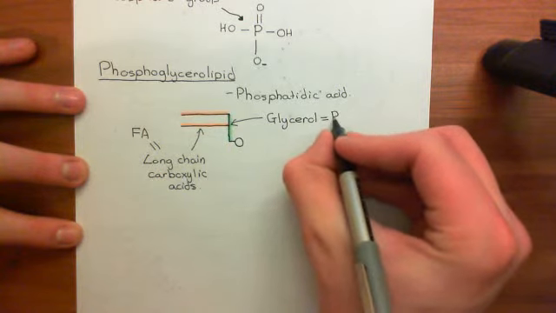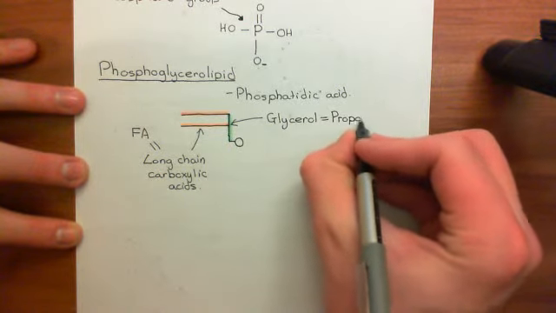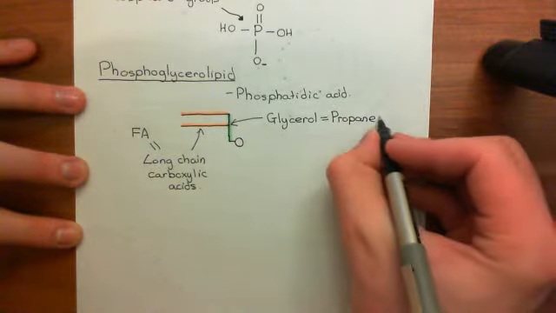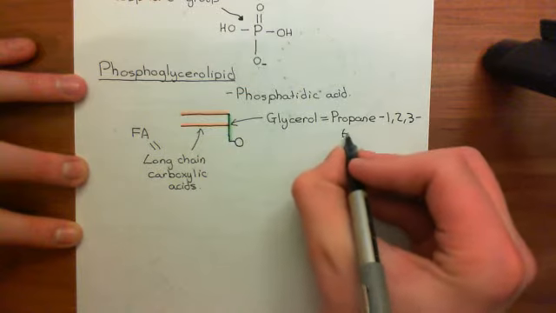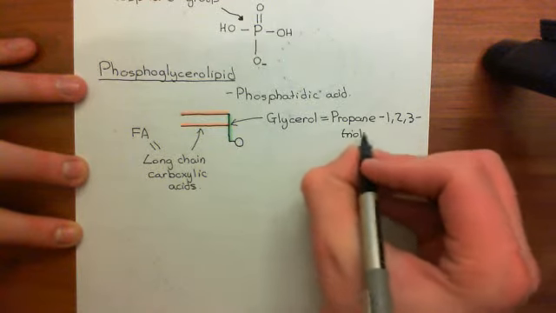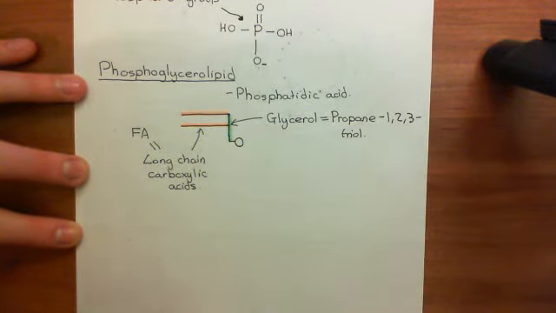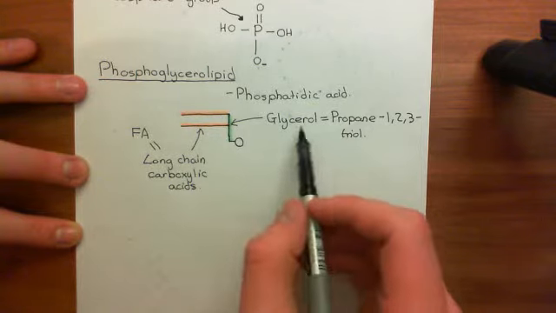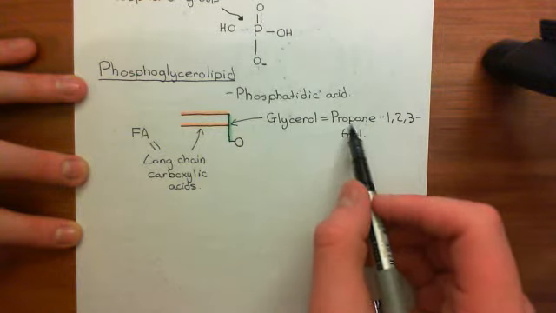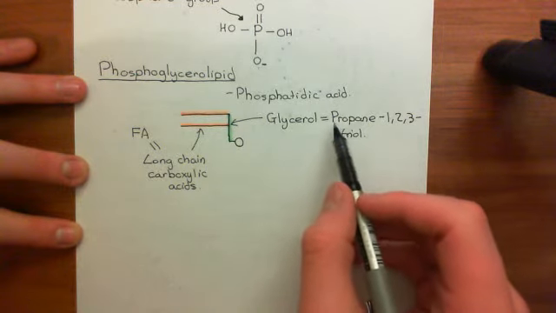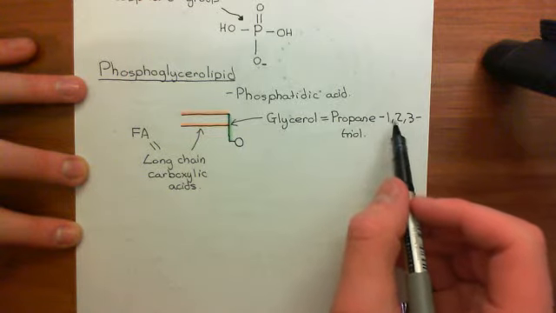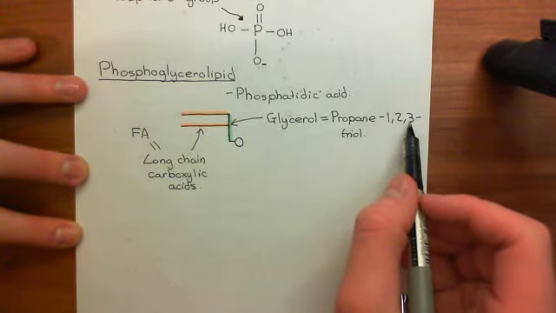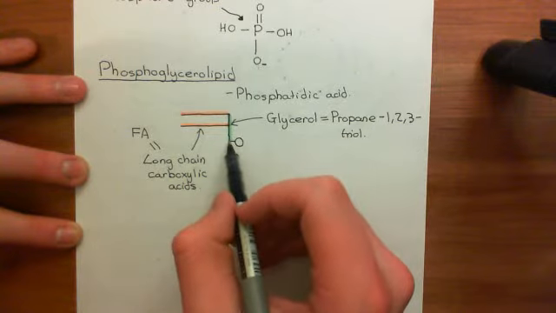Now, glycerol is the old biochemist's name for a molecule that, strictly speaking, should be called propane-1,2,3-triol. Although propane-1,2,3-triol is a much bigger mouthful of a name than glycerol, it's a useful name because it tells us exactly what we're dealing with here. It tells us that we're dealing with a 3-carbon molecule where you have alcohol groups coming off the first, the second, and the third carbon of that molecule.